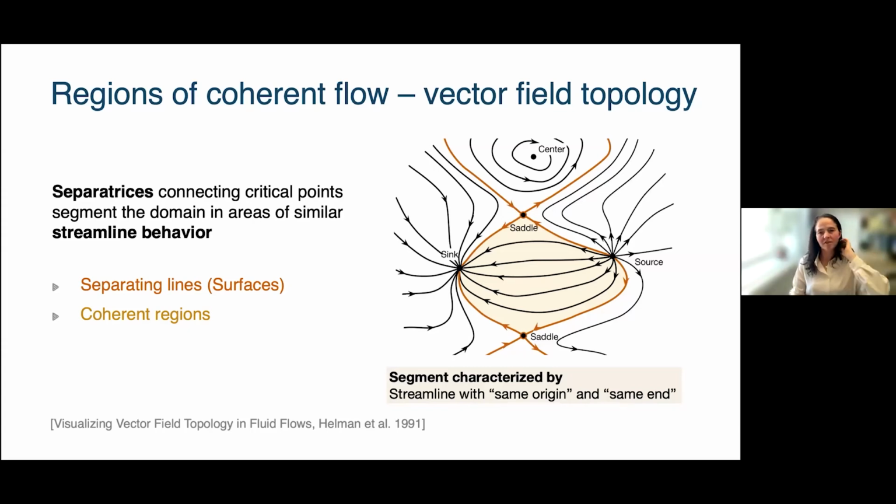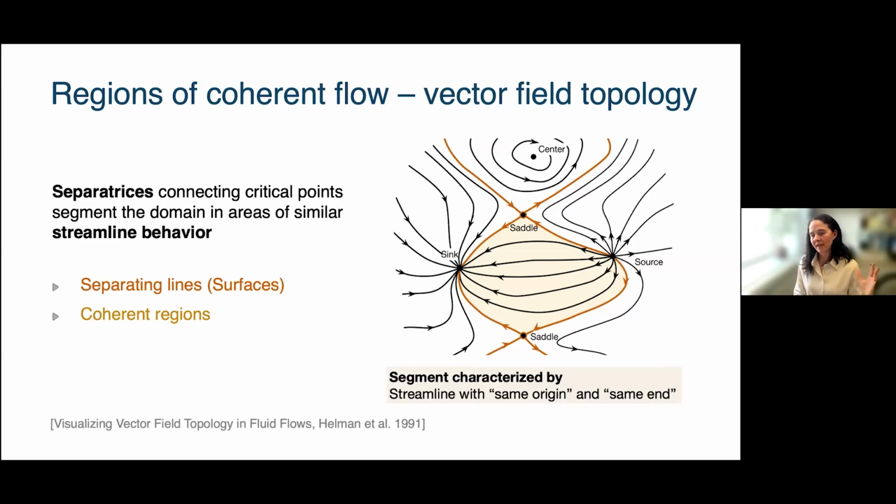This can be tackled with the concept of vector field topology, where we have separatrices that connect critical points. Here you see these brown lines connecting the critical points, and they form closed areas which will never mix with anything around them.